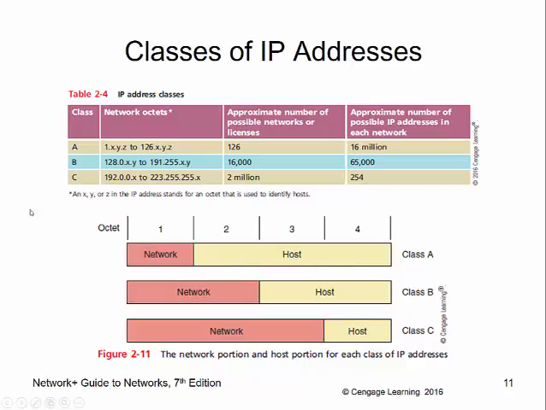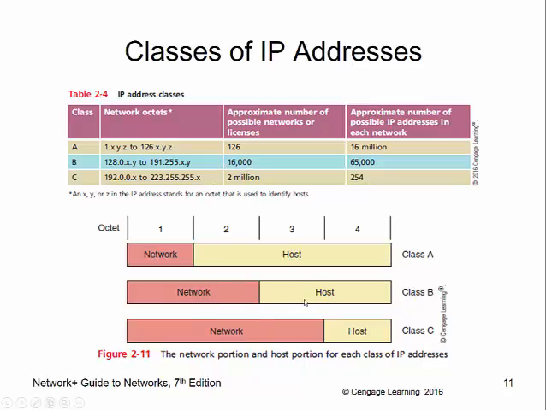Okay, let's look at a Class B. For a Class B, if my first octet is 128 to 191, I'm using the first 2 octets of the IP address to represent the network, and the last 2 octets to represent the host. I've got 16 bits doing each. As you can see, because I have more bits, I can have way more networks.